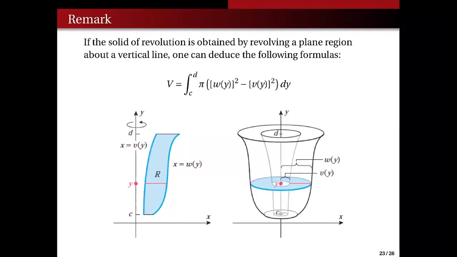Or if you have the washers, so you have this region, you have this strip here, your axis of revolution does not intersect your region. So when you do the revolution, you will get some holes. Okay? So this strip will generate this washer.